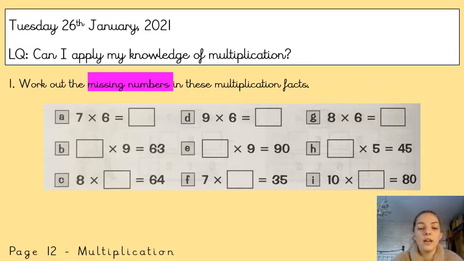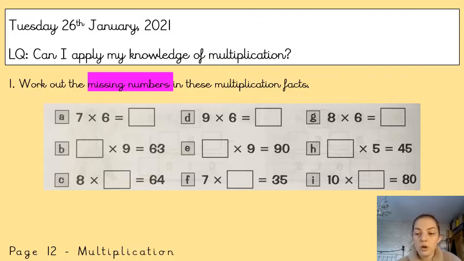If you're confident with your times tables, then this should be an easy peasy activity. If you aren't too confident, I recommend that you have a go at answering the ones that you do know on your own, and then having a look on a times tables grid or your times tables sheet in the back of your planners to help you with this one.